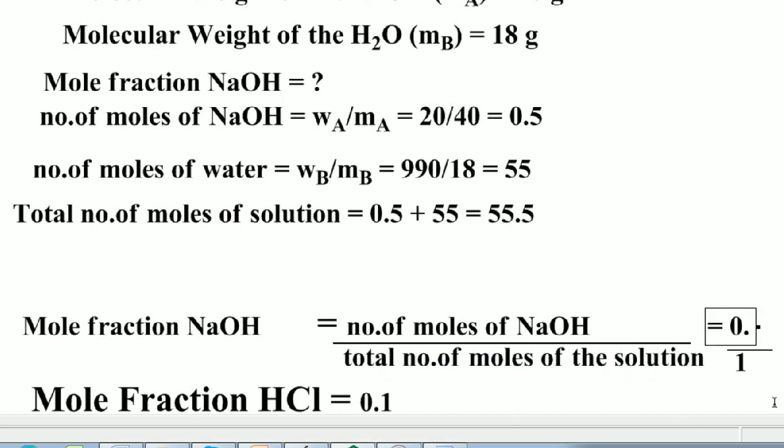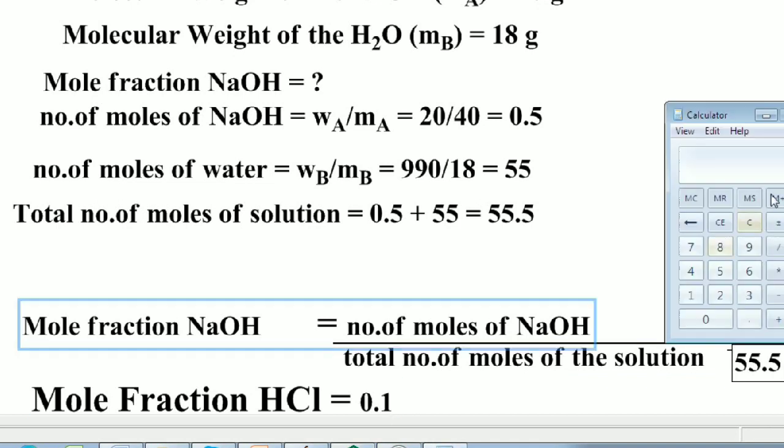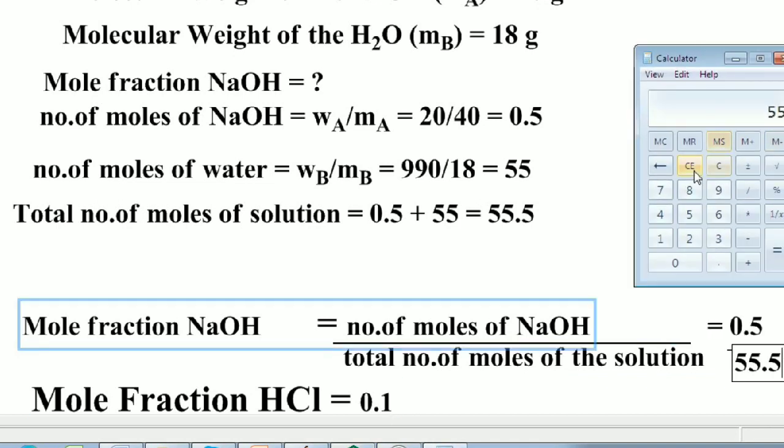So students, number of moles of NaOH is 0.5 and the total number of moles is 55.5. Therefore 0.5 divided by 55.5, we can get 0.0090.